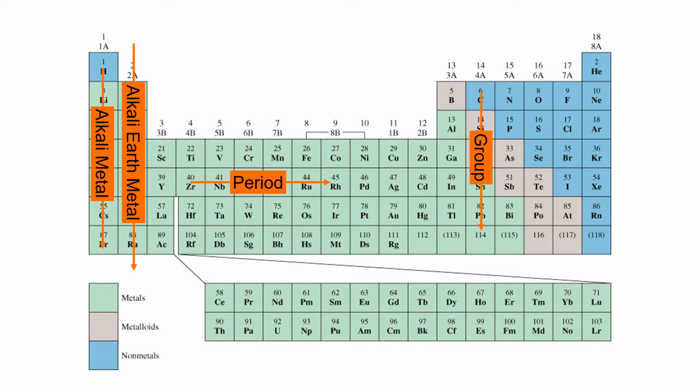So this block here that's represented by that letter B, this block is called the transition metal region. These metals, while they have the same number of valence electrons, for example, in a family, they don't form predictably charged ions like our main group metals do.